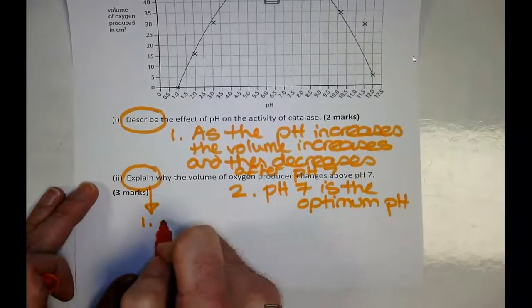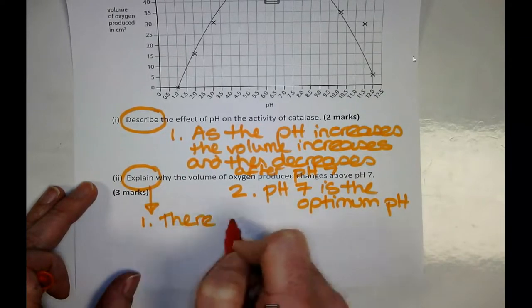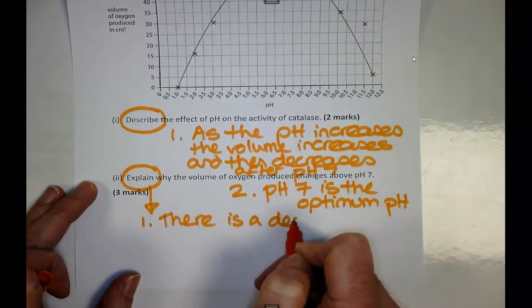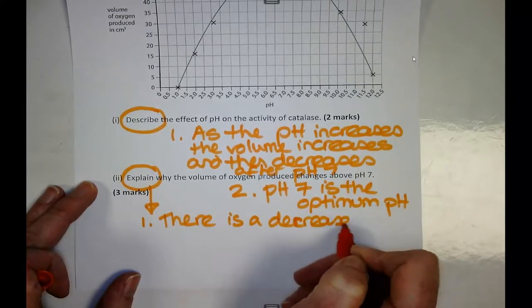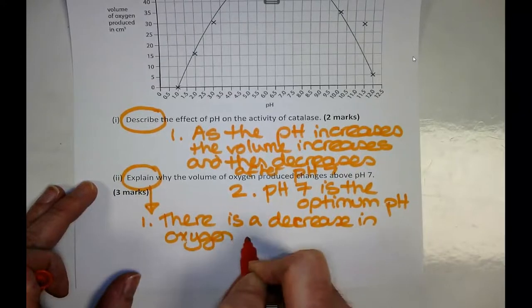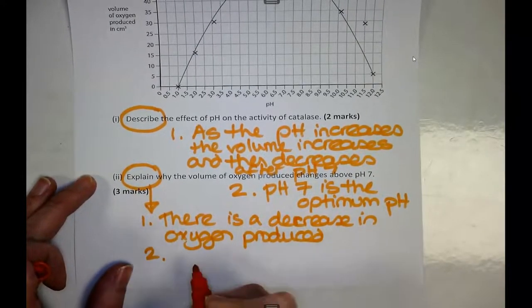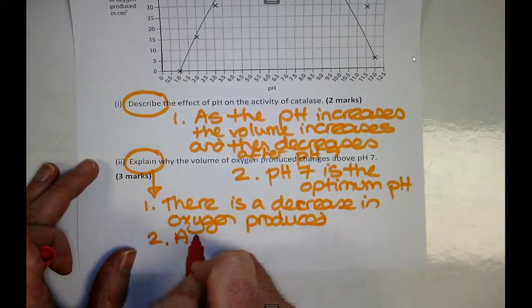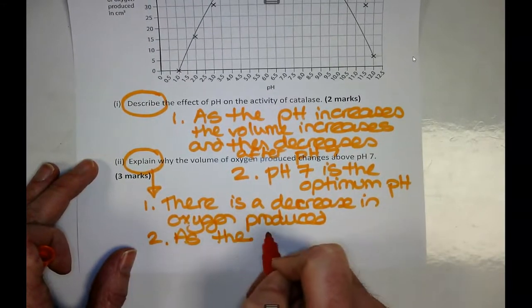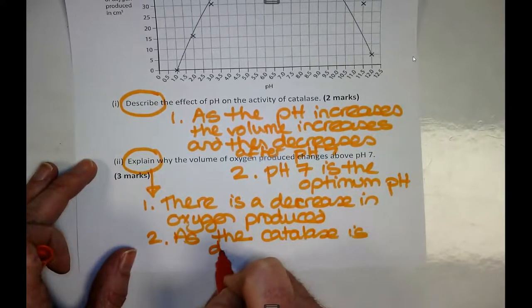So step 1, above pH 7, there is a decrease in oxygen produced as the catalase is denatured.